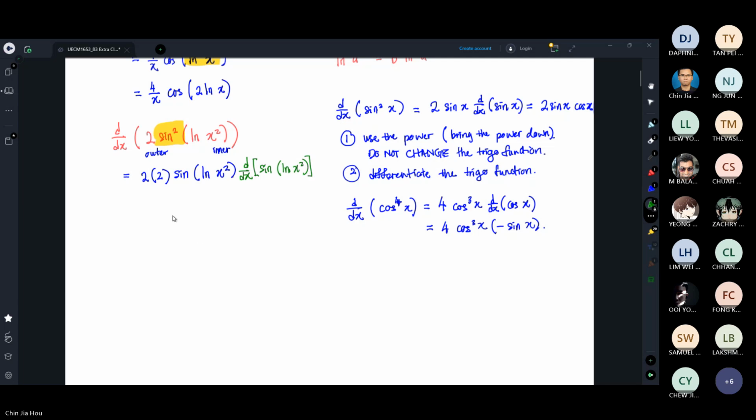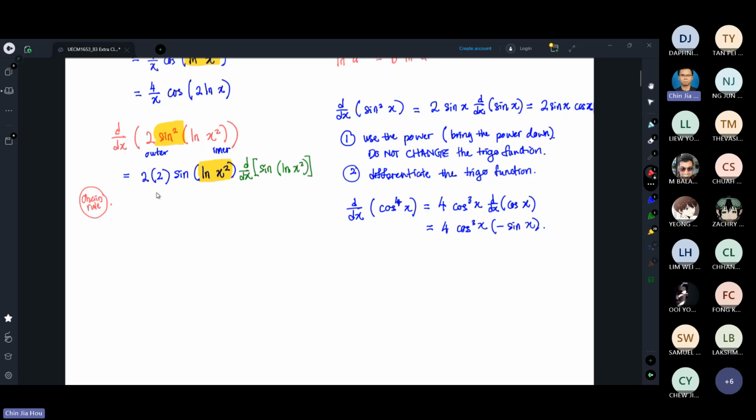And then let me write it again using another color. Since we need to deal with this part, which is not just x itself, we need to use a chain rule. So for the chain rule part, I use red color now. Okay, chain rule.